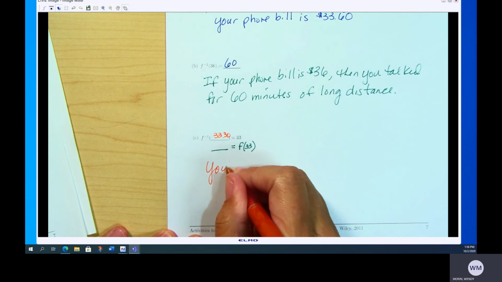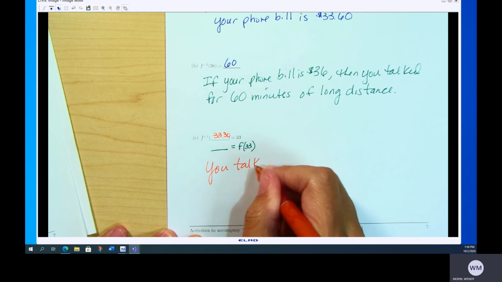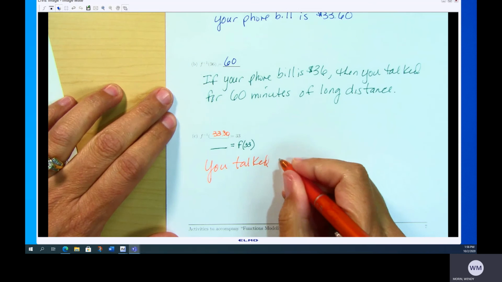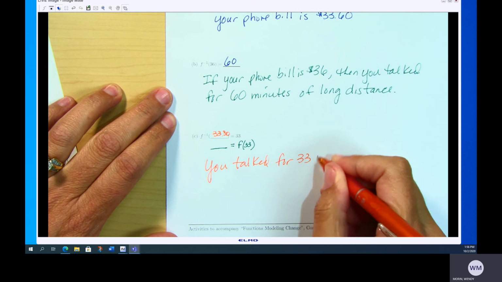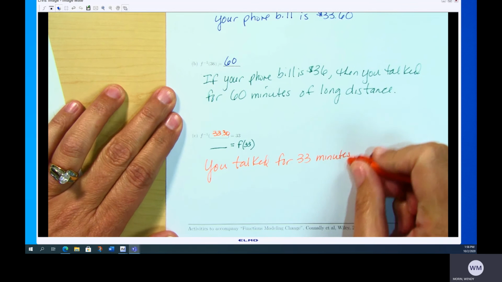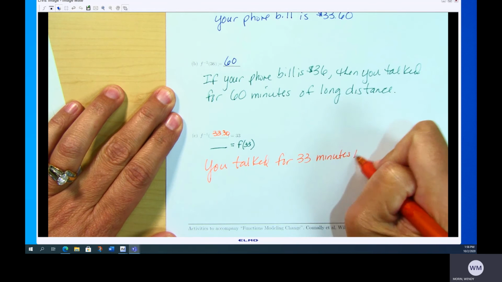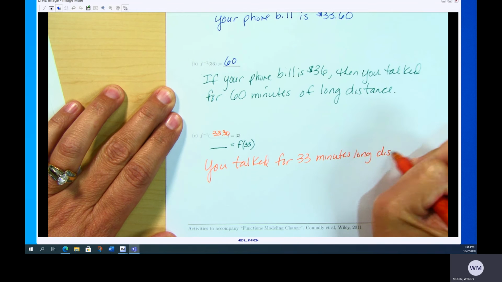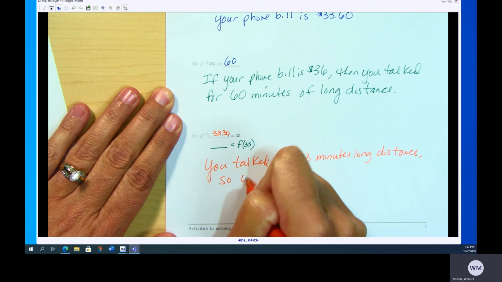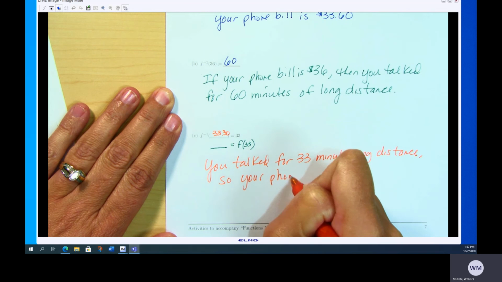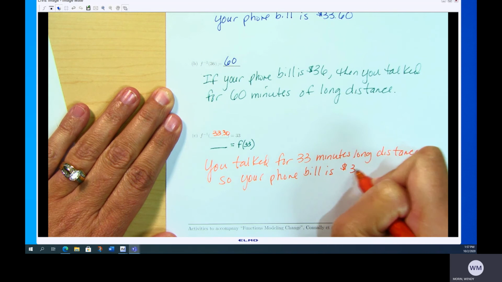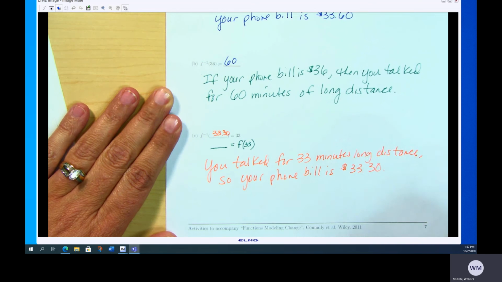It's saying you talked for 33 minutes long distance. So your phone bill is $33.30.